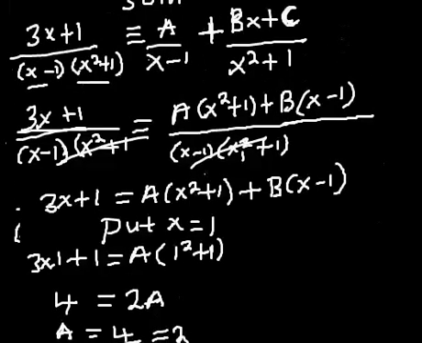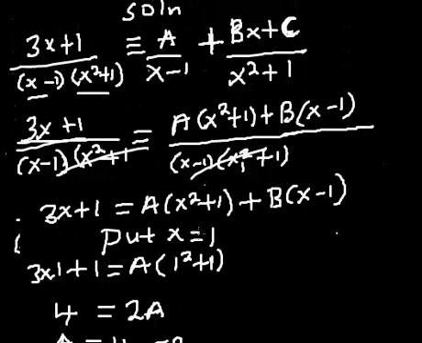Then for me to actually eliminate it is not easy. It will not be easy, even if I should put x to be equal to minus 1, minus 1 squared is still going to give me 1.